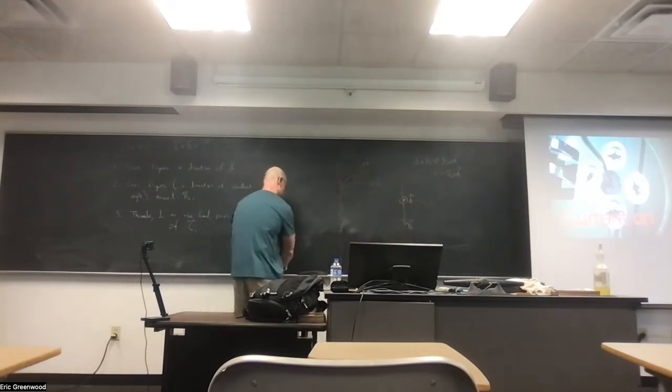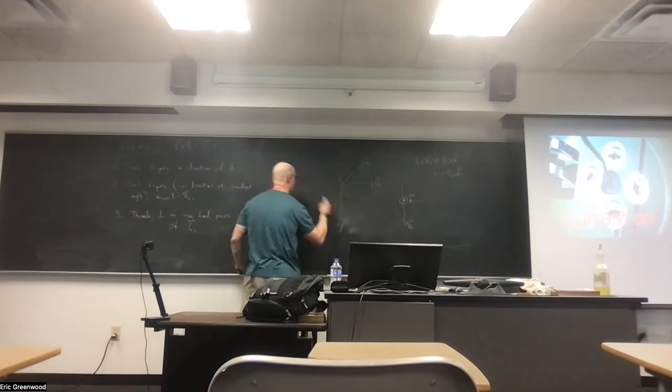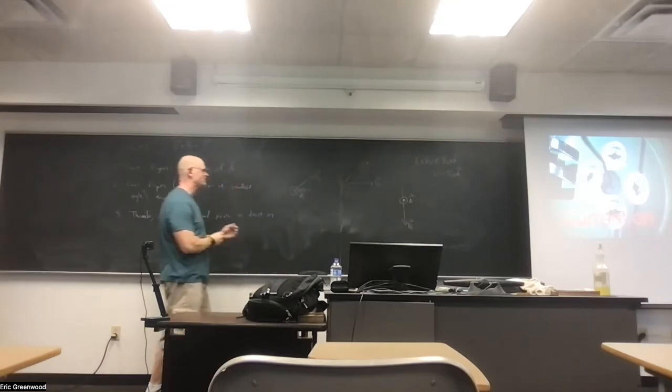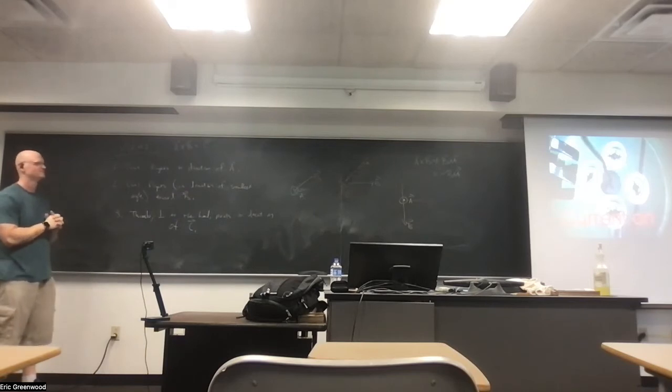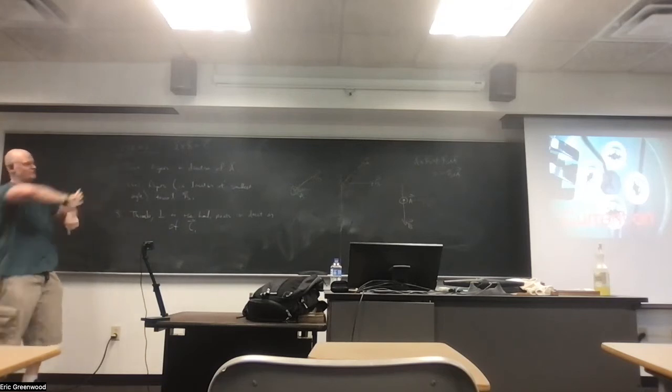Let's do another one. Let's say B points off in this direction. Let's say A is going, I already did that, into the board. So here's A. What's the direction then of C? Down this way.